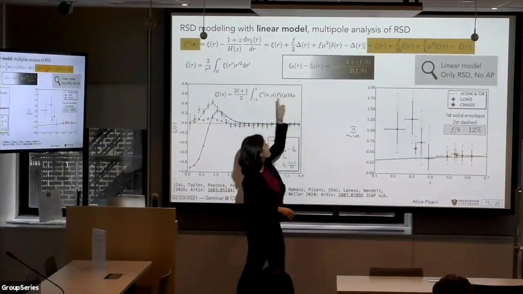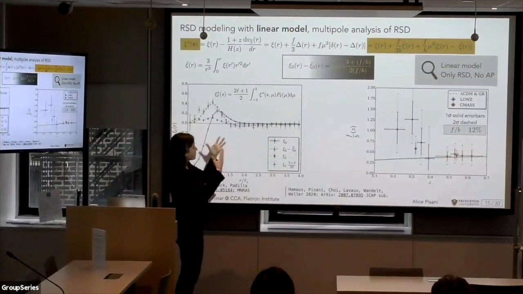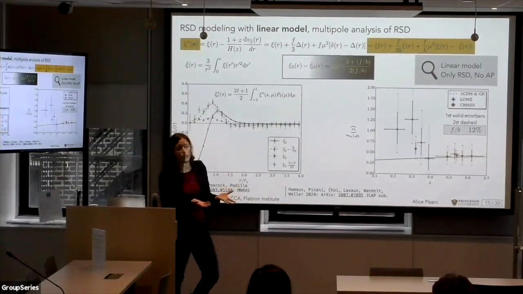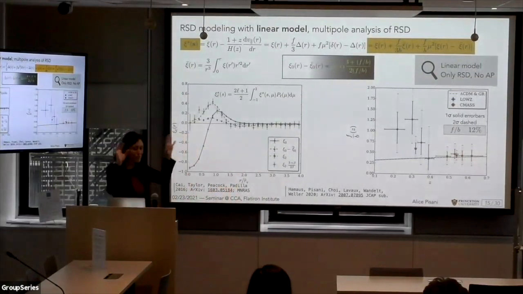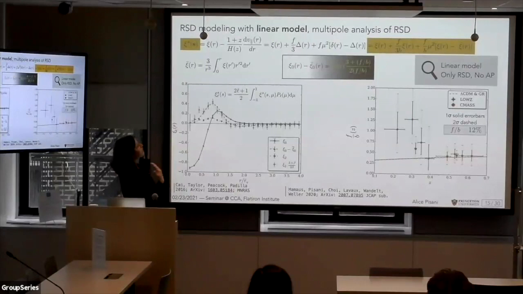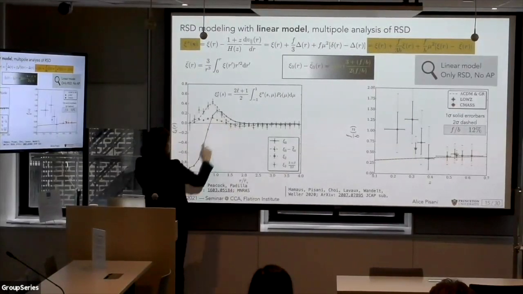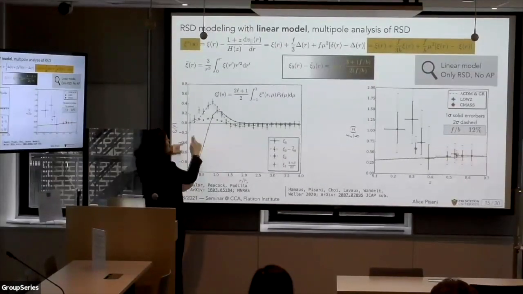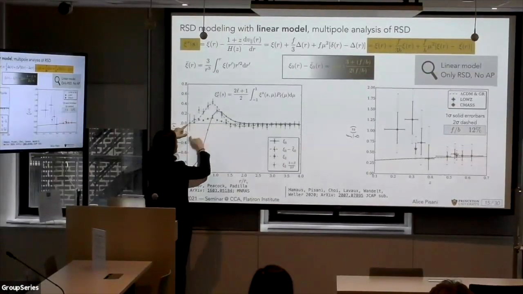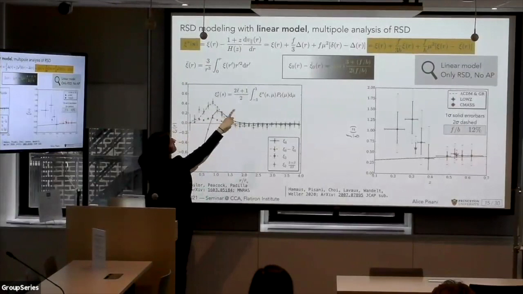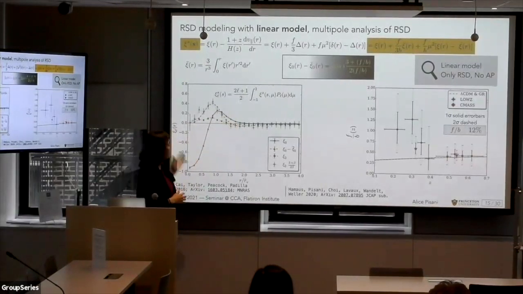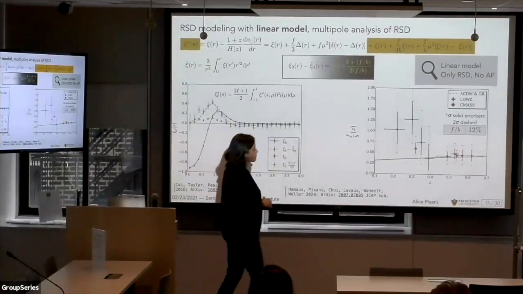The only quantity that you do not know in this equation is the growth rate of structure. So by measuring voids and then calculating the void galaxy cross correlation function, you can directly plot the monopole, basically the density profile, and the quadrupole, and then you can compare the two sides of that equation.